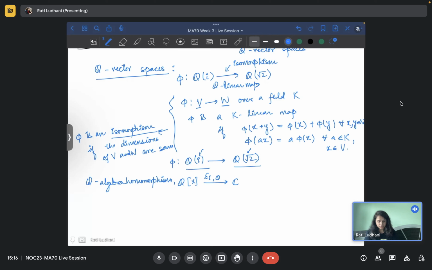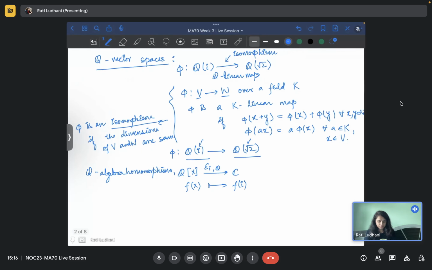So this map, any fx, it will map it to f of I, right? So from this map we know that Qx modulo this kernel, I should say kernel of this, should be isomorphic to C as Q algebra homomorphism.